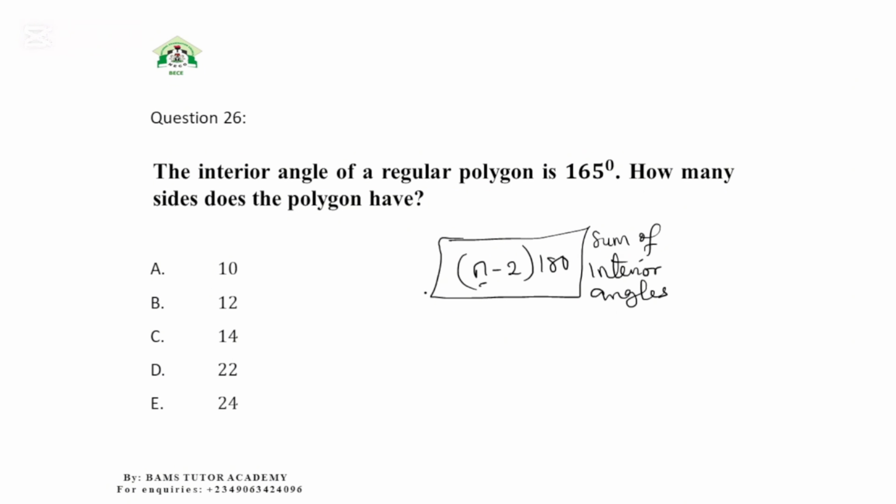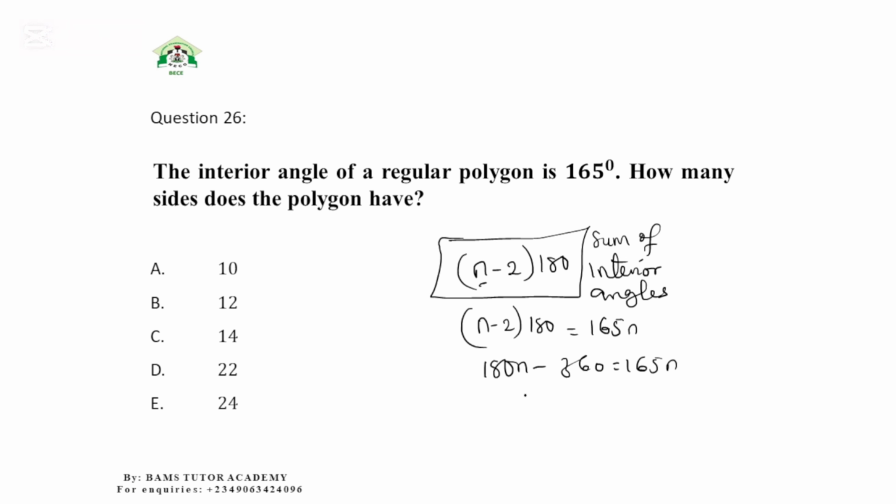Now the interior angle equals 165. So that means n minus 2 times 180, the whole thing, equals 165n. If I open this bracket up, I'll have 180n minus 360 equals 165n, because this is a multiple of the angles.